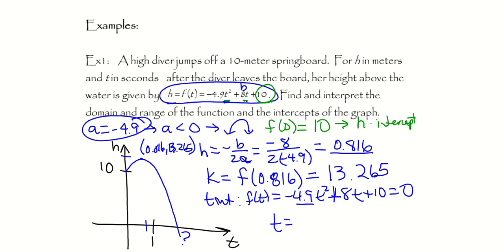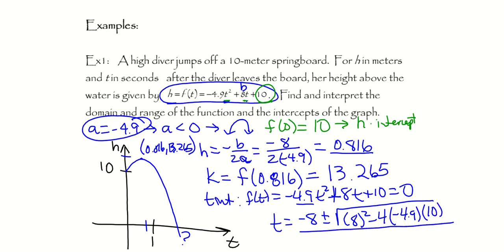So I get t equals the opposite of b plus or minus the square root of b squared, which is 8 squared, minus 4 times a, negative 4.9, times c, which is 10, all over 2 times negative 4.9. I evaluated that with the help of my calculator, and I got two numbers, one from subtracting, one from adding: negative 0.829 and 2.462.